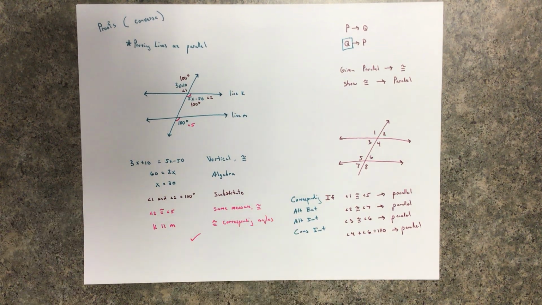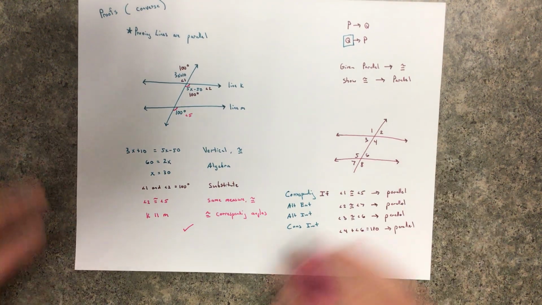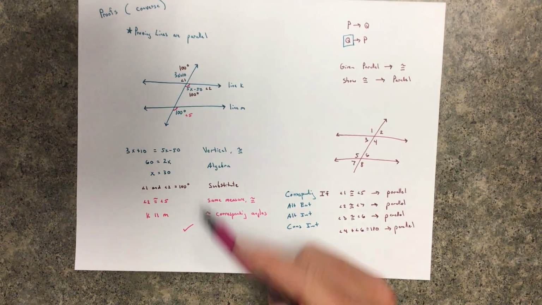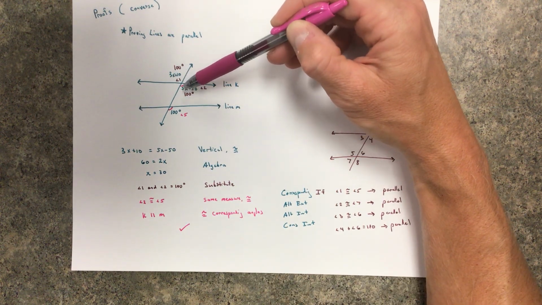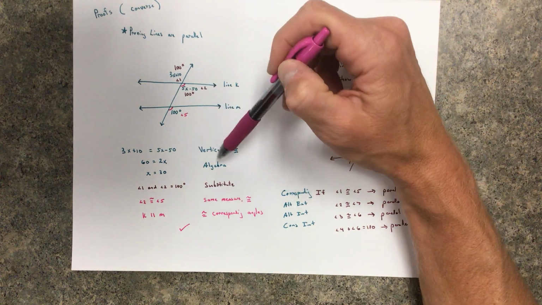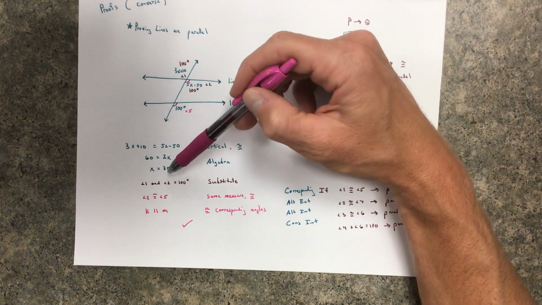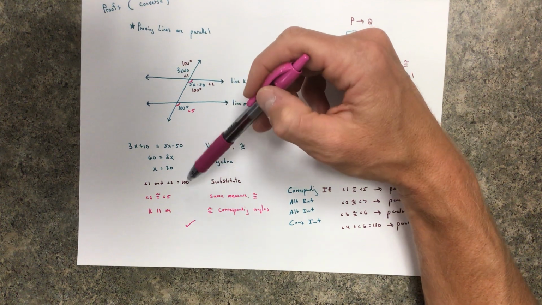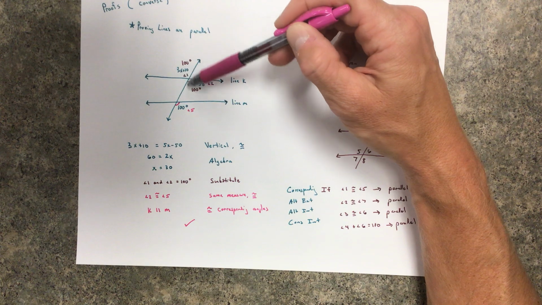Check. All right, let's go through this again. Don't assume the lines are parallel. That's the whole point. We know that these angles have to be congruent because they're vertical. I can do algebra to this situation and get x equals 30. I can substitute that value back in and show that this angle and this angle are both 100.